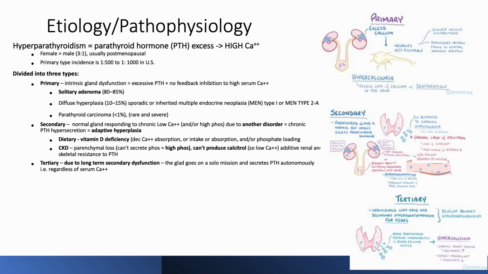So the phosphate level in these people may vary when you're working them up, because if they've had a kidney transplant, they may have normal phosphorus. If their kidneys are still not functional, they may have high phosphate. So this can vary.